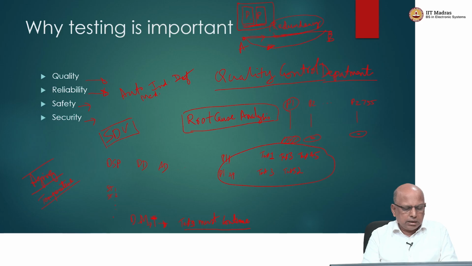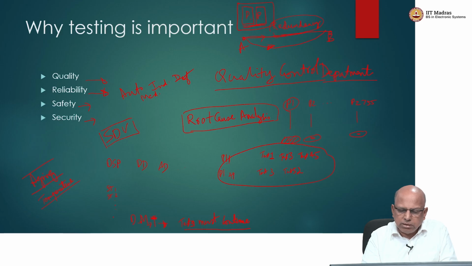And as a result, the chance that both of them will develop the same defect is very low. Okay, that is a sort of a tenet on which all of this is built. If both of them develop the same fault at the same time, then nothing much can be done.